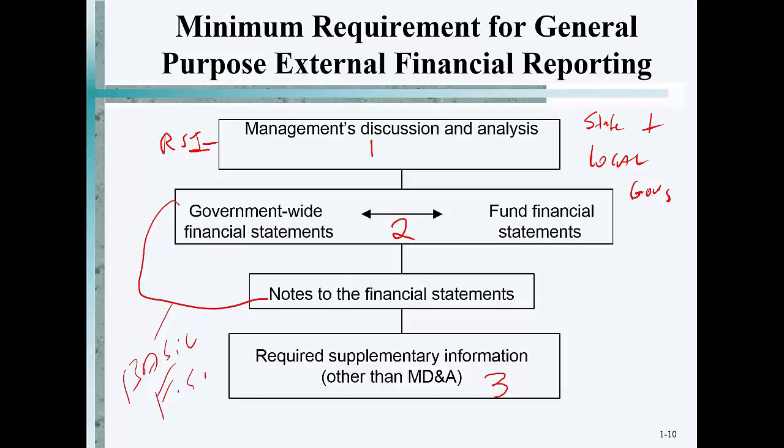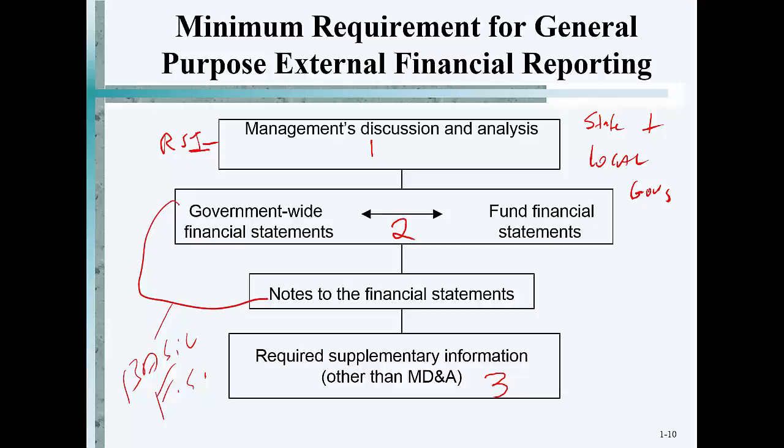Now, notice that we say required supplemental information other than the MD&A, and that means to you, therefore, that MD&A is what? Required supplemental information, isn't it? Notice I wrote RSI next to MD&A. So both the MD&A and the required supplemental information other than MD&A obviously is what? Required supplemental information.